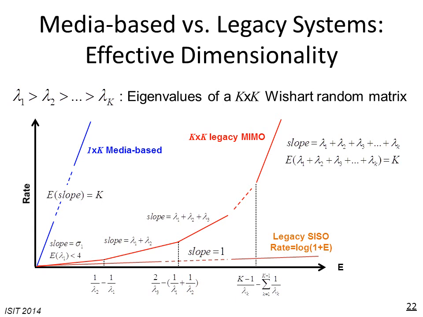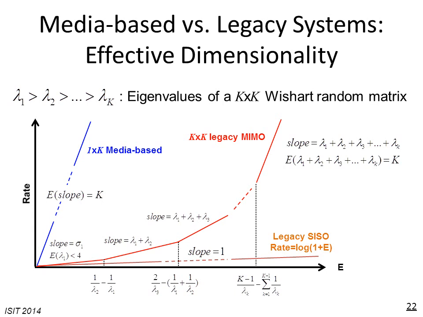So we get into a situation that we have enough energy to occupy 2 dimensions in the water filling. So the slope from that breakpoint to the next breakpoint becomes this lambda 1 plus lambda 2, which is essentially the largest eigenvalue and the second largest eigenvalue.